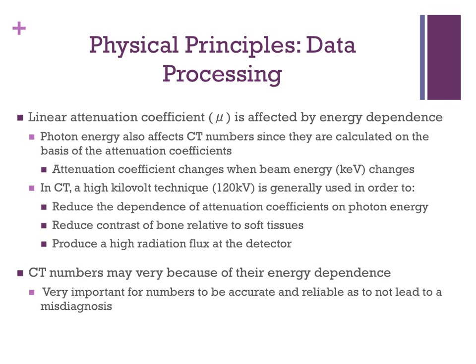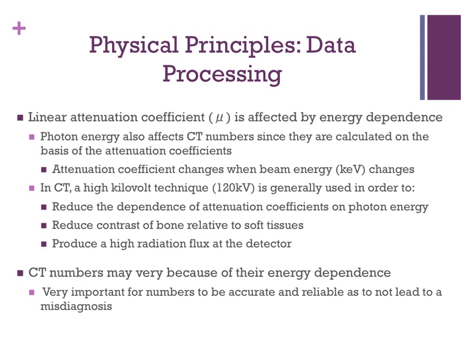Linear attenuation coefficient is affected by several factors, including energy dependence, which is the energy of the radiation. And the photon energy also affects CT numbers since they are calculated on the basis of the attenuation coefficients. The attenuation coefficient changes when the beam energy changes.